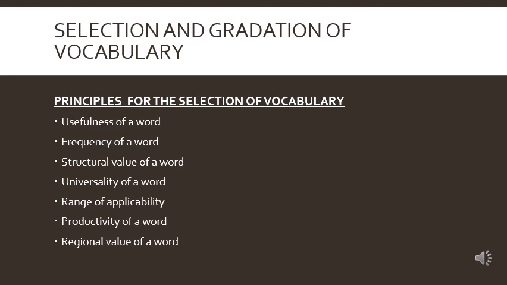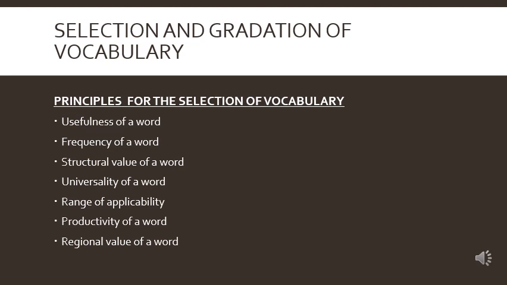There are some words out of which more words can be produced by adding prefixes and suffixes. Such words which have more productivity can be selected. For example, the word courage can be used as encourage, discourage, courageous, courageously, encouragement. So a particular word can produce many words, and such words can be selected and taught to the students.